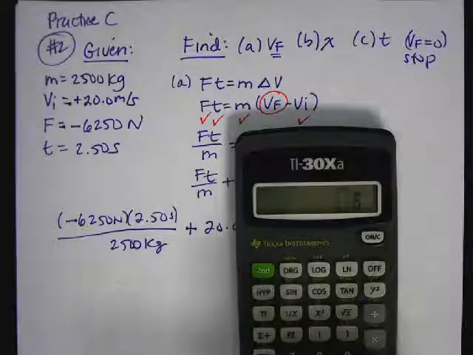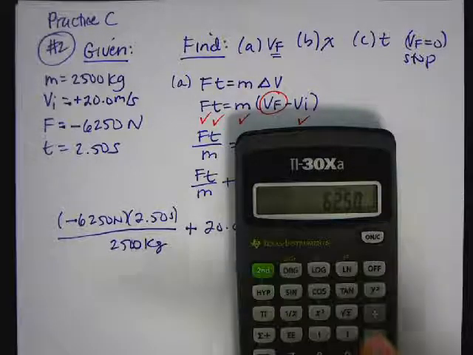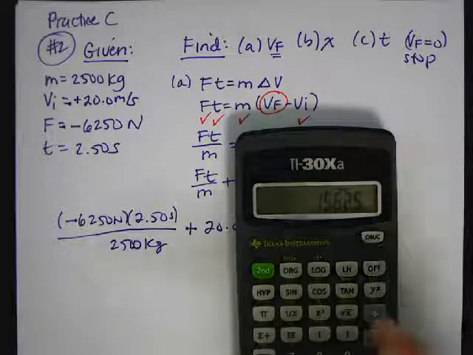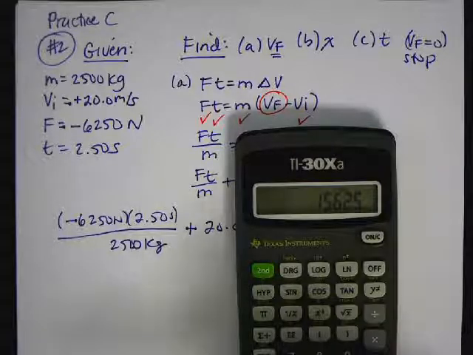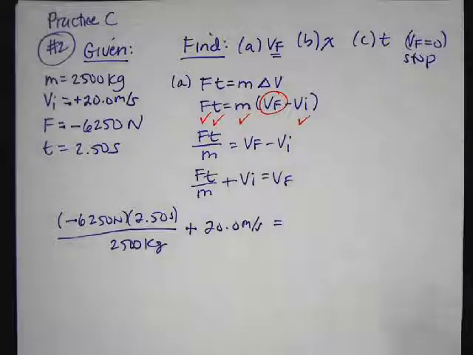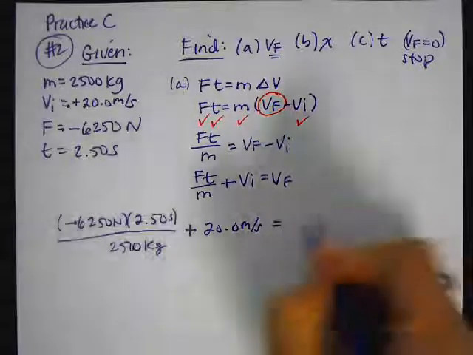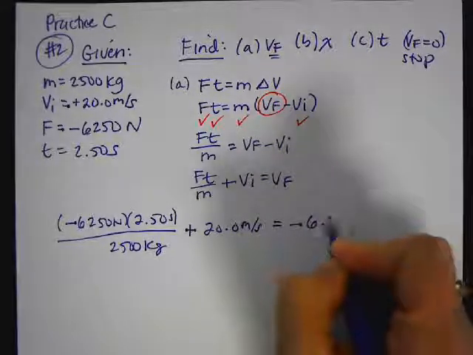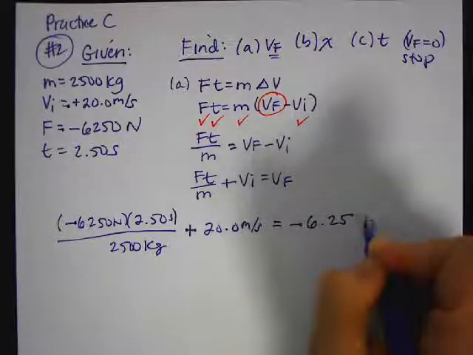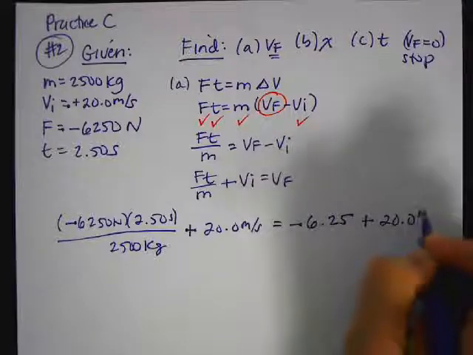So we have 6,250 times 2.5 divided by 2,500, which comes out to be negative 6.25, plus 20 meters per second.